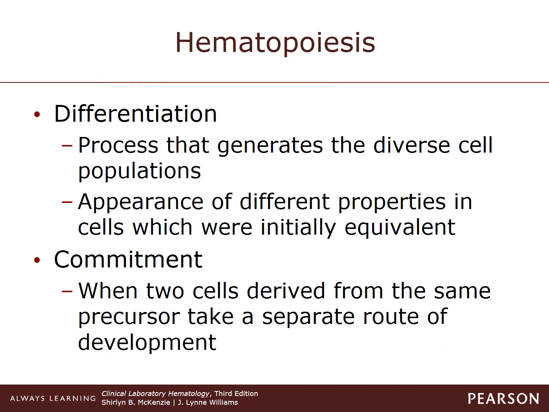Differentiation is responsible for generating the diverse populations that provide the specialized functions needed by the human. Differentiation is defined as the appearance of different properties in cells that were initially equivalent. Because all cells of a human carry the same genes, differentiation, or the appearance of specific characteristics, occurs by the progressive restriction of other potential developmental programs of the cell.